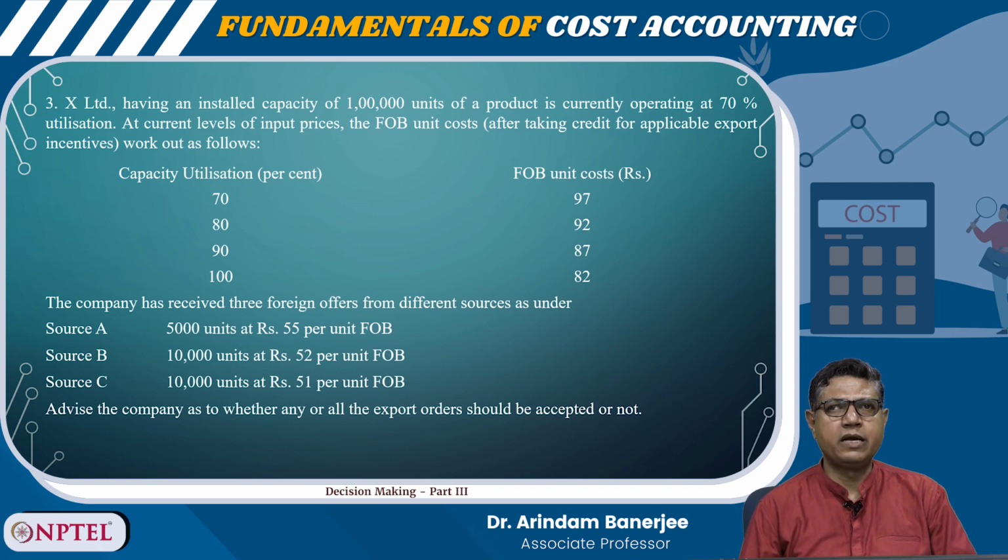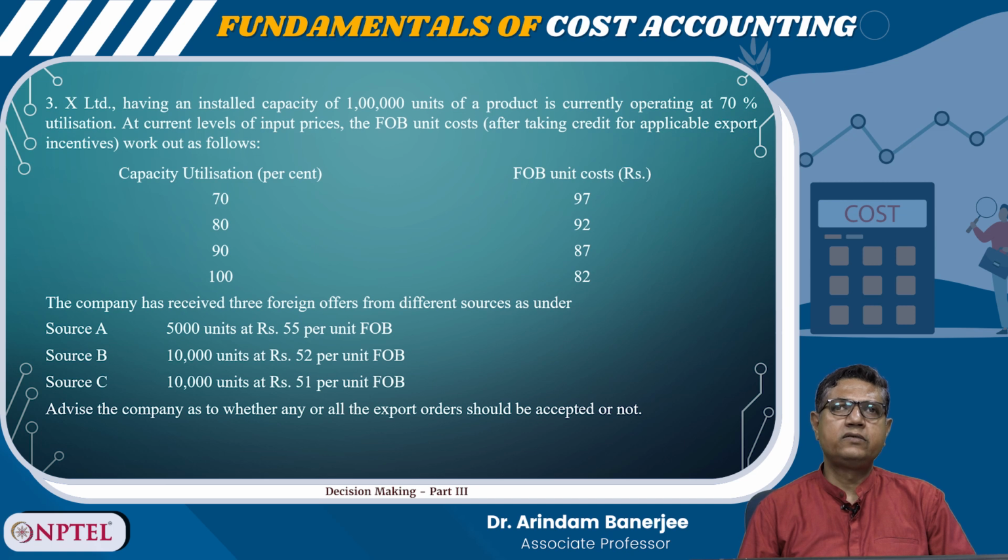Third problem, we are coming to the third problem on decision making. Again, the export orders. X Limited, having an installed capacity of 1 lakh units of a product, is currently operating at 70% utilization.